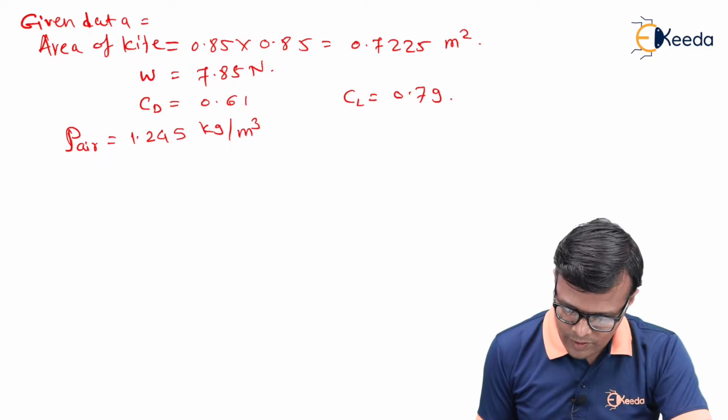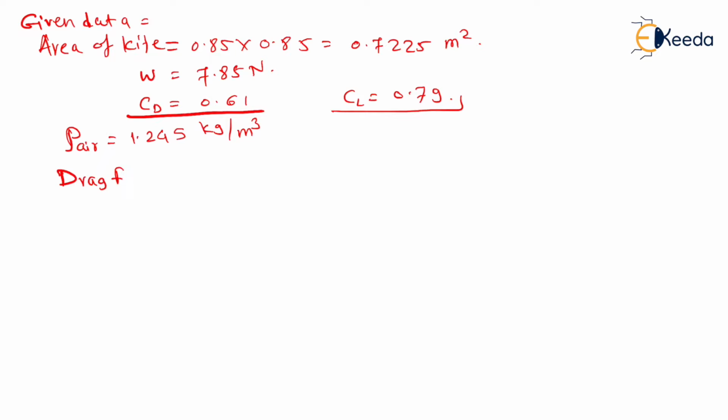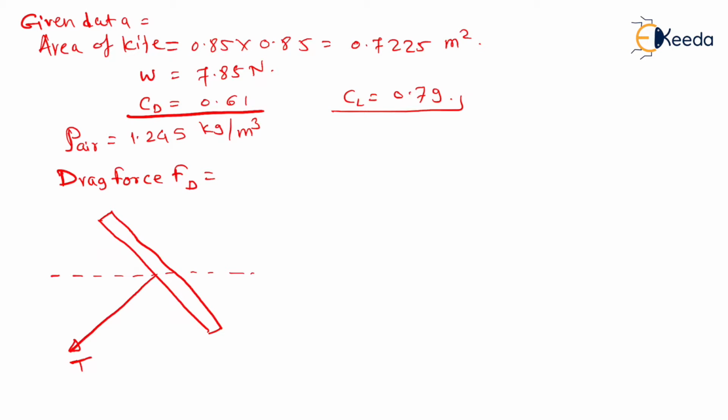So if these values are given to us, we can calculate drag force. Fd is equal to, for the purpose of simplicity, we will consider this is the kite, this is the string, this is the tension, this is horizontal direction, this angle as 9 degree and this angle as 50 degree.